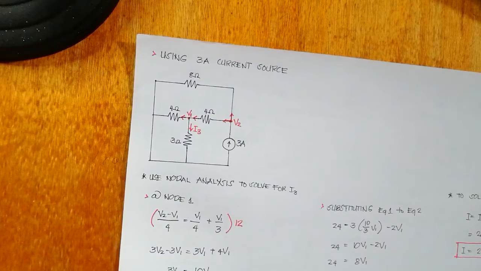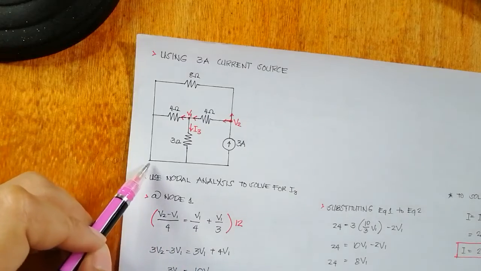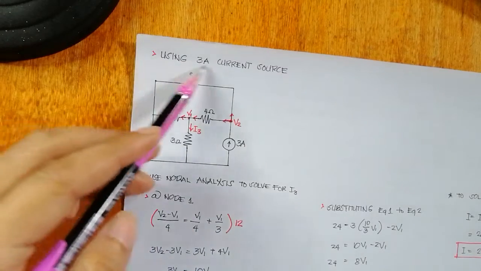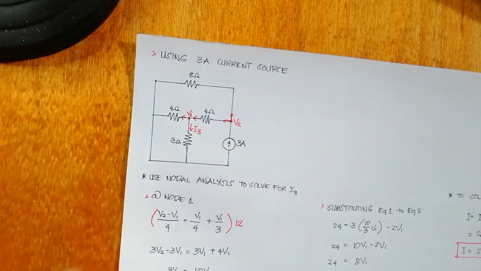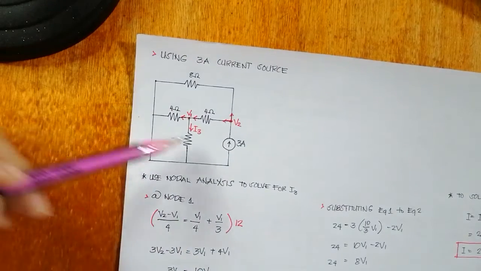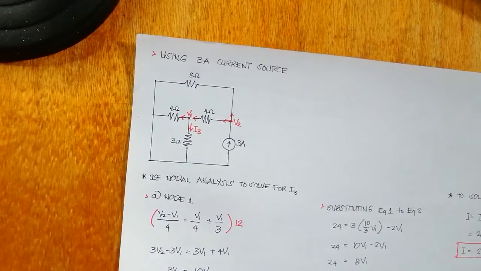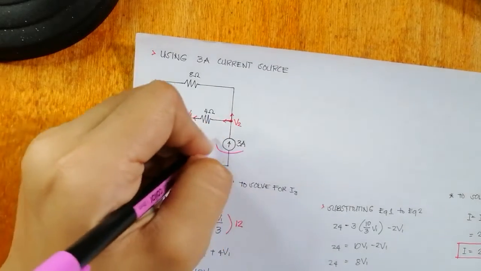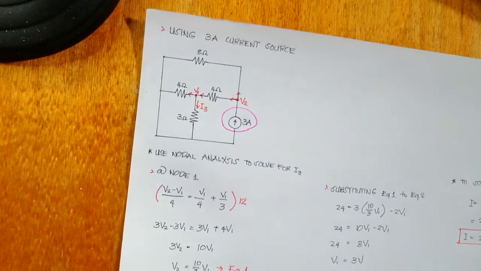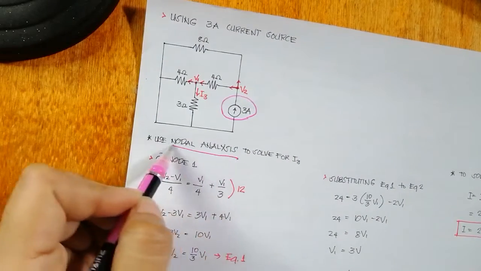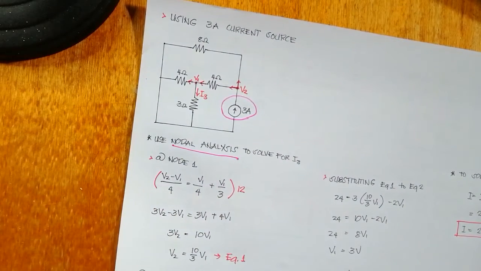And next is using the 3 ampere current source. The circuit will look like this if you use the 3 ampere current source. So for this circuit, we can use nodal analysis.